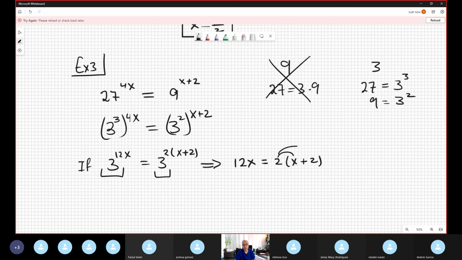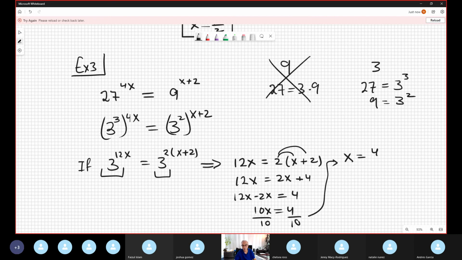And now the recipe is okay. Linear equation: 12x is equal to 2x plus 4, so 12x minus 2x equals 4, 10x equals 4, divided by 10 on both sides. x is equal to 4 over 10, but you can reduce it.